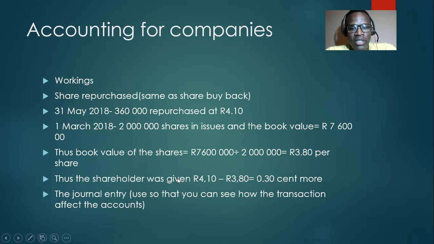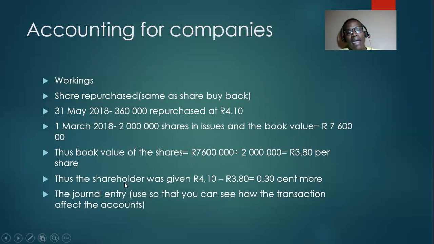So the shareholder, when there was a share buyback, was given 410 cents per share, whereas the shares had a book value of 380, right? Then it means this 30 cent extra was given more to the shareholder.